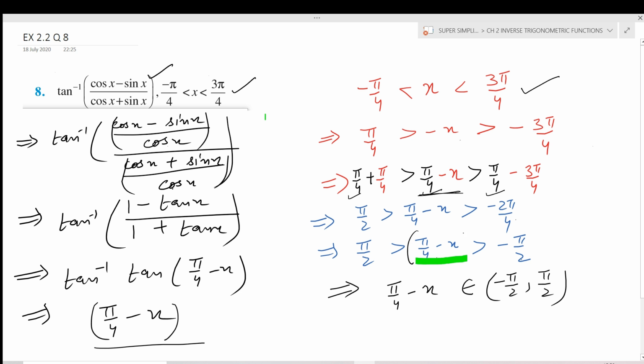This means that this angle, which is underlined with green, belongs to the open interval minus pi by 2 to pi by 2, which is the principal value range of the tan inverse function. As you can see here in the question, you are given a function of tan inverse, so its value must lie in the principal value range, that you have already checked with the help of the given value.